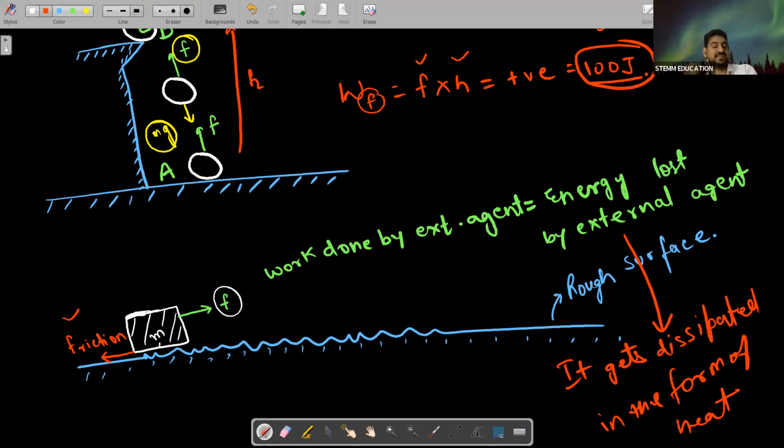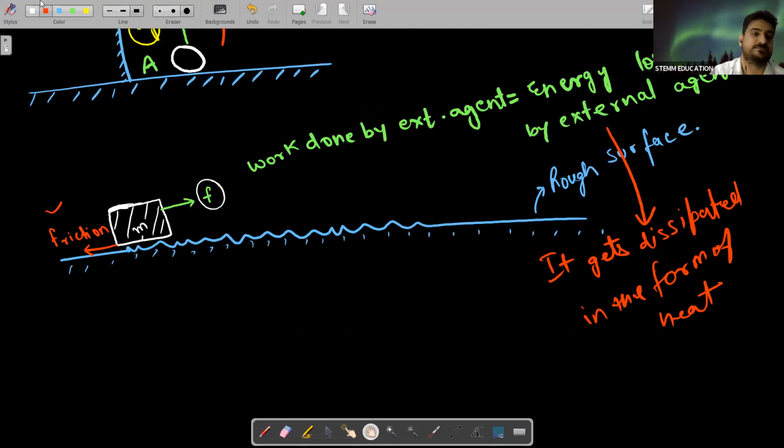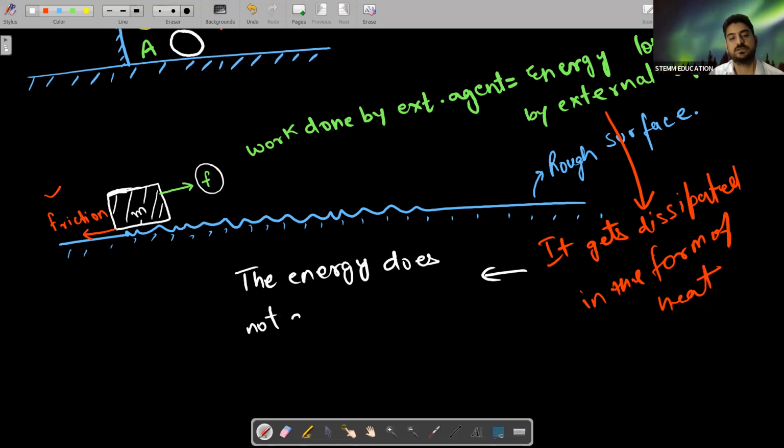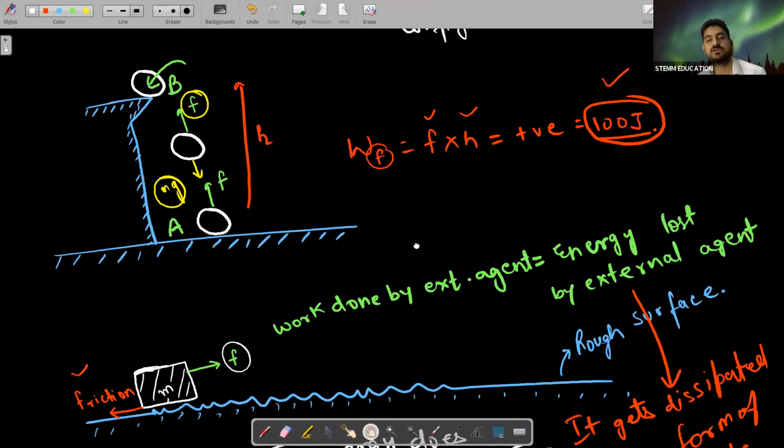So the energy lost by the external agent doesn't get stored in the block. It gets dissipated. Or in other words, the energy does not get stored. Okay?